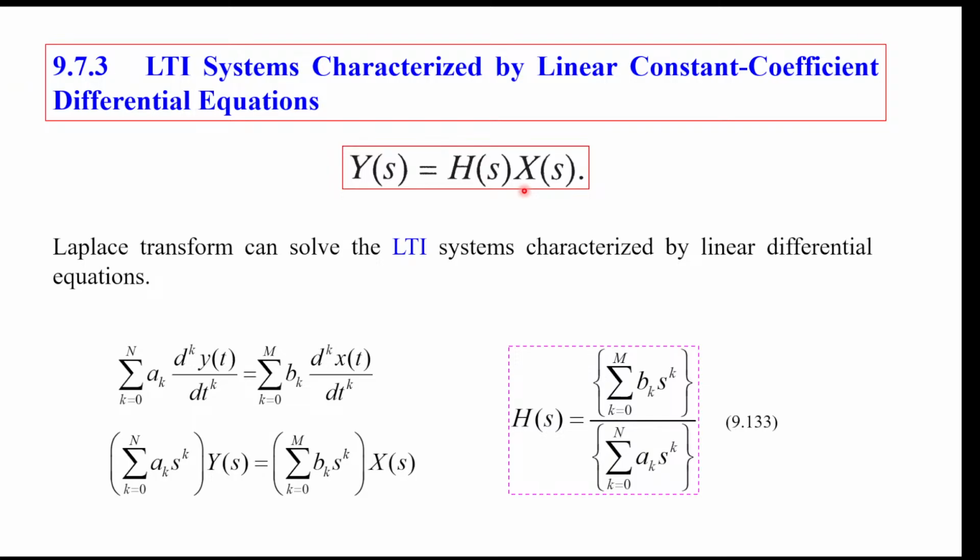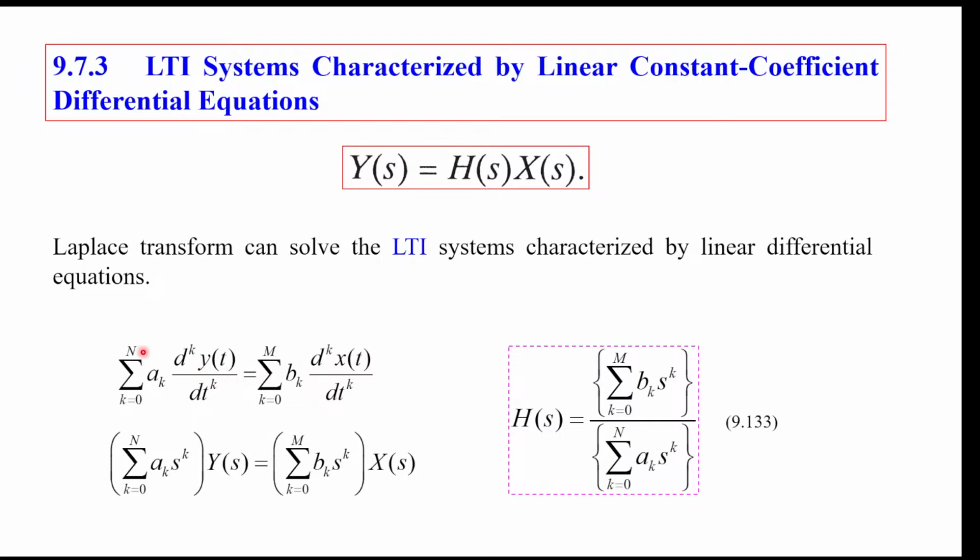So from the convolution property, we see that the Laplace transform of the output will equal the Laplace transform of the impulse response times the Laplace transform of the input. Okay? So big Y equals big H times big X, and this big H system function is the Laplace transform of the impulse response small h of t.